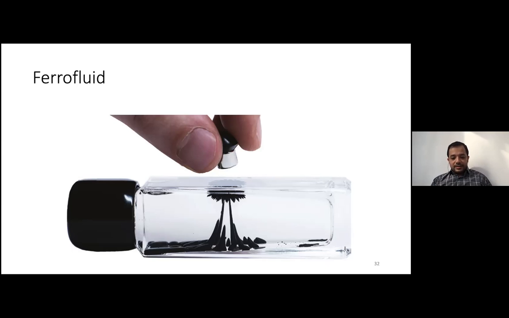This has a name. This is called a ferrofluid, and it's a fluid that contains a lot of iron oxide nanoparticles, or magnetic nanoparticles of the iron oxide type. And if it's well distributed, then by moving the particles, you can basically move the liquid with them.